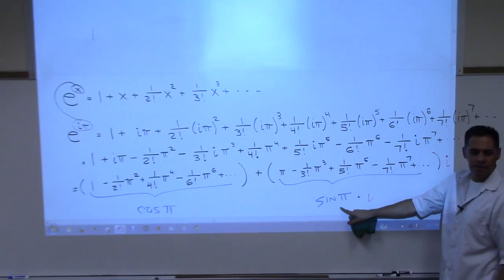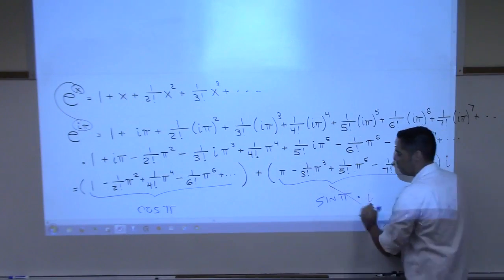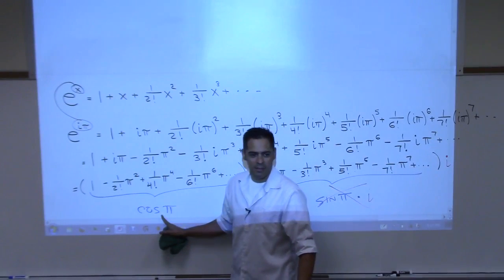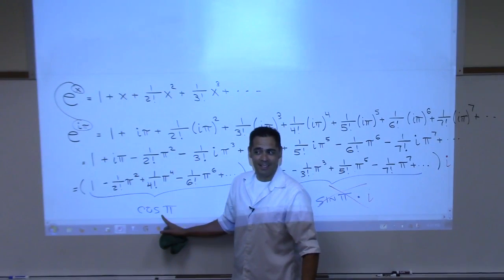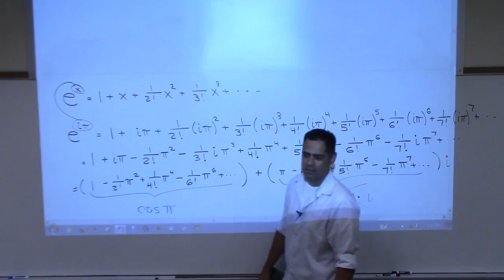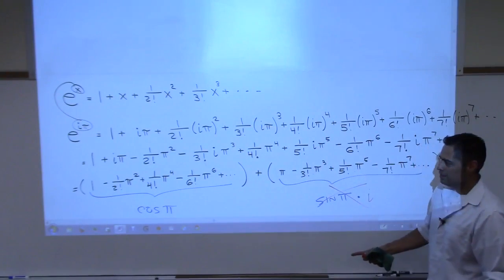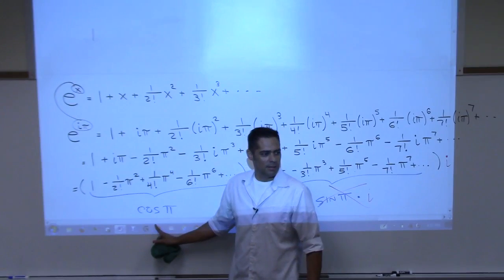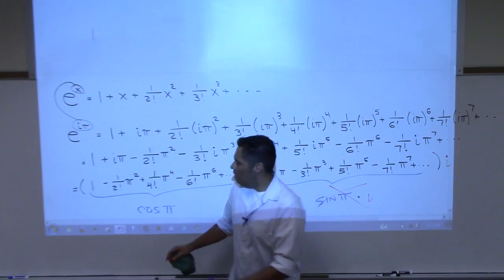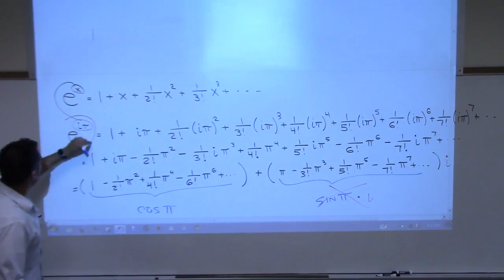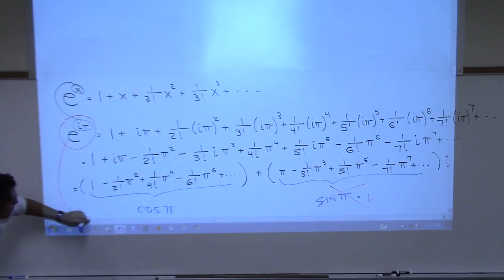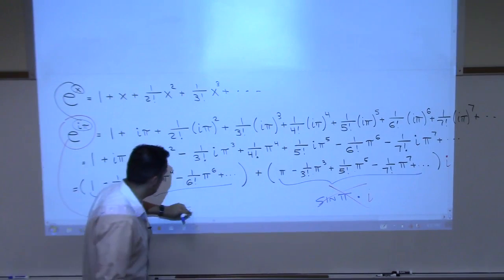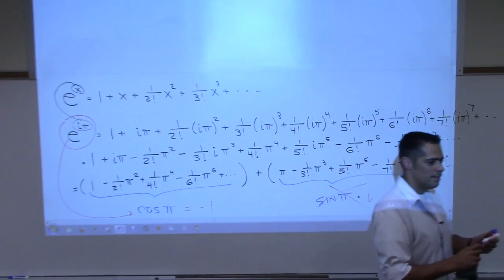What's sine of pi? 0. What's cosine of pi? -1. We're done. Cosine of pi is -1. And then the one at the beginning. Well, didn't I just show you right now that e to the i pi is equal to cosine of pi, which is -1? Isn't that what I was trying to show you?